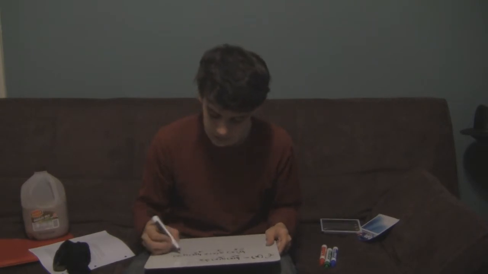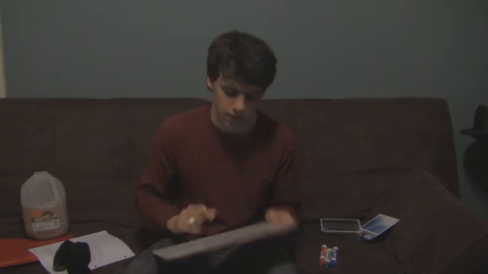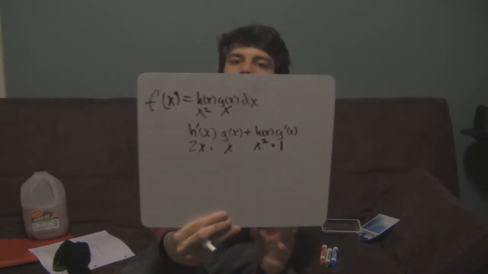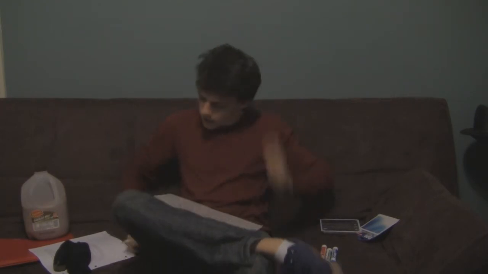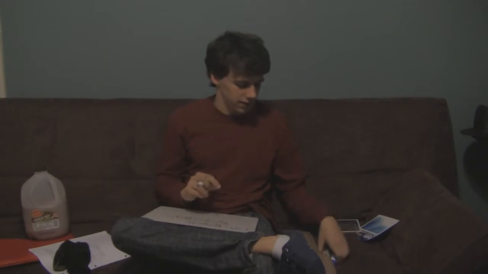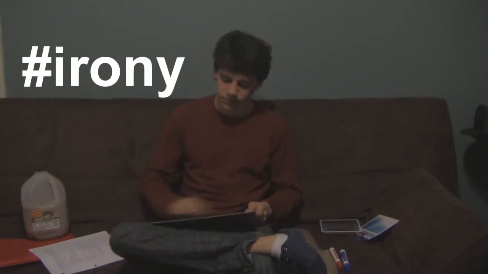So you have x squared times 1. Take a look at this. Pause on it if you have to, and memorize that. You have to memorize that if you want to pass calculus, pretty much. And probably do homework. Not that I do, but that usually helps.